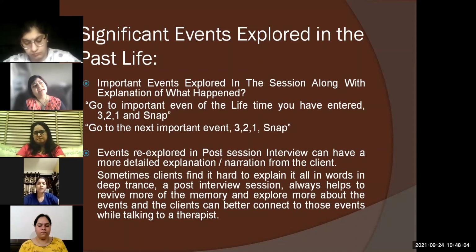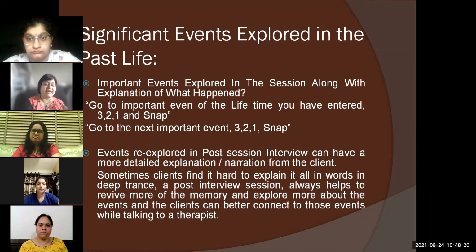So if a client in a past life enters directly into a death scene, or a client enters directly into a scene where the client is getting married and is very happy, no problem. Let the client experience the death scene first properly, dissect it properly with questions, dissect the marriage scene properly with questions, and then ask the client, move ahead and go to a time in that life which you have entered to a very important event.